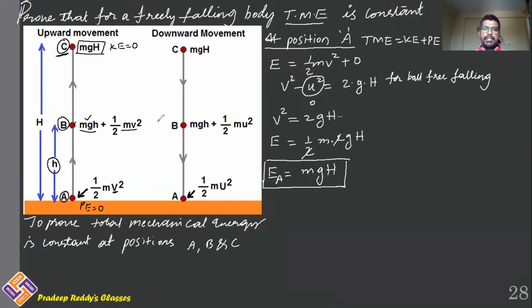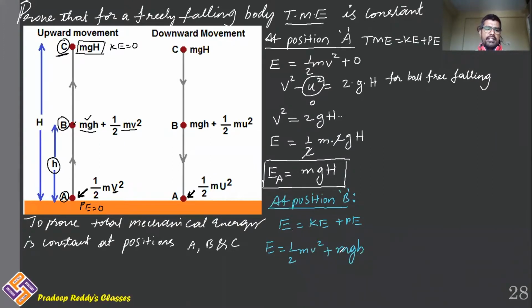Now let us take position B. At position B, the body possesses both kinetic energy and potential energy. At position B, kinetic energy, I am considering as half m small v square, and potential energy, because it is at height small h, I can write as mg into small h.